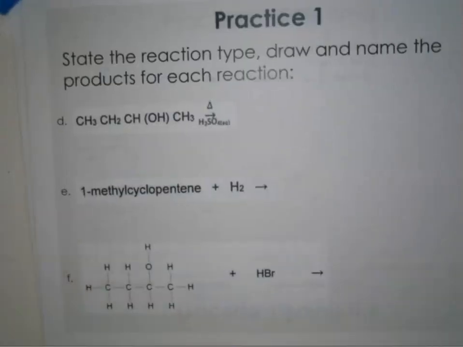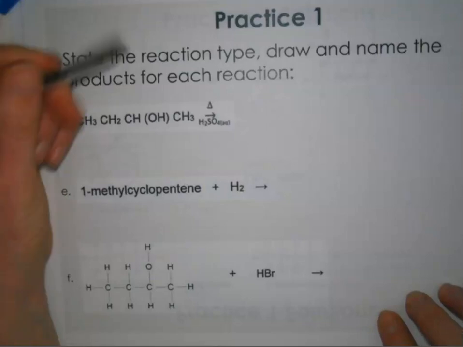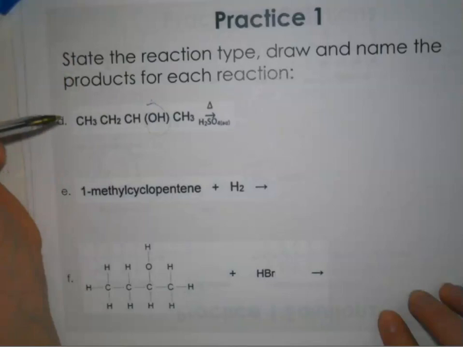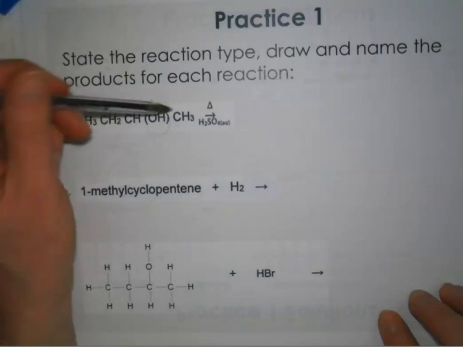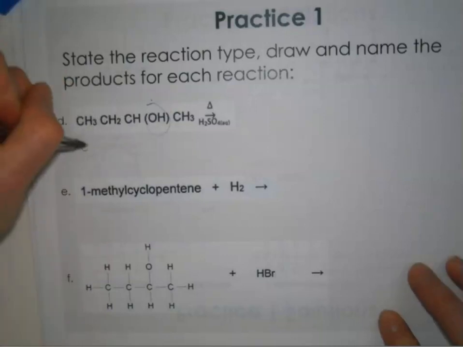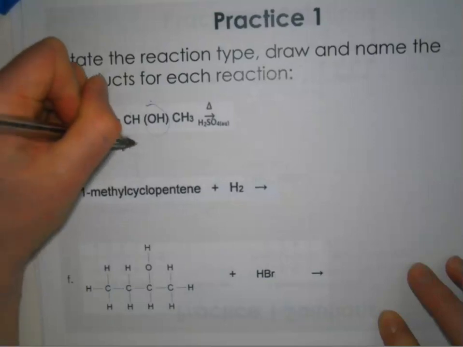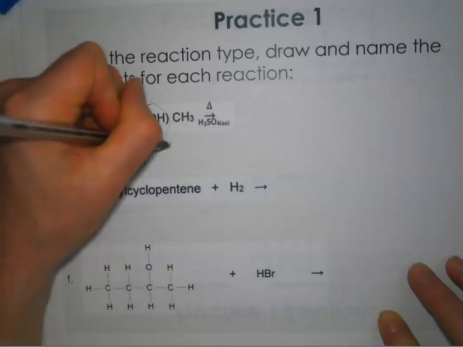Next one we have here is we're reacting an alcohol with a strong acid. So basically that's going to be another elimination reaction where you're going to have the hydroxide being eliminated, I guess is the better word, to form a double bond between these two carbons. If we draw this out properly, we would have CH2, CH with the OH coming off of that one, and then the CH3 here.